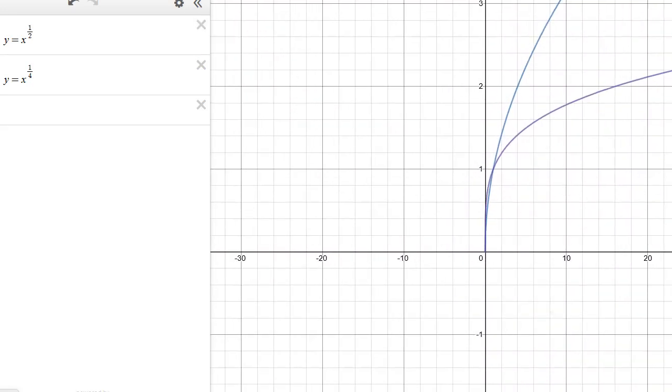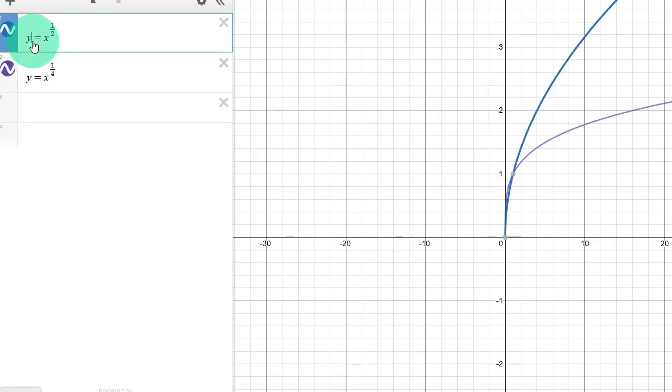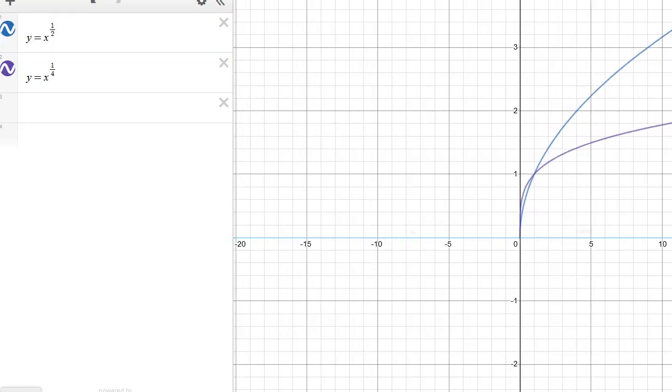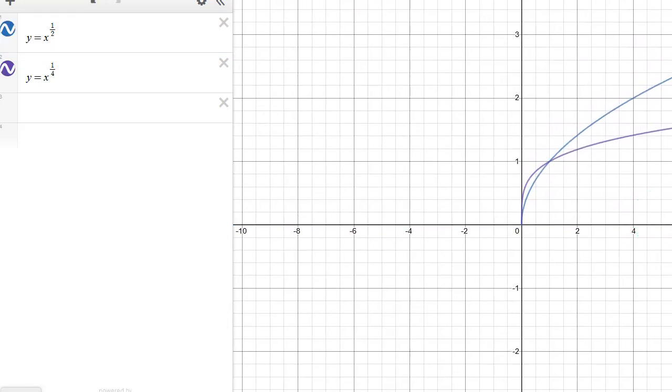Okay, so here we've got a more normal graph with these. On this graph, the blue one is y equals x to the 1/2, and the purple one is y equals x to the 1/4.